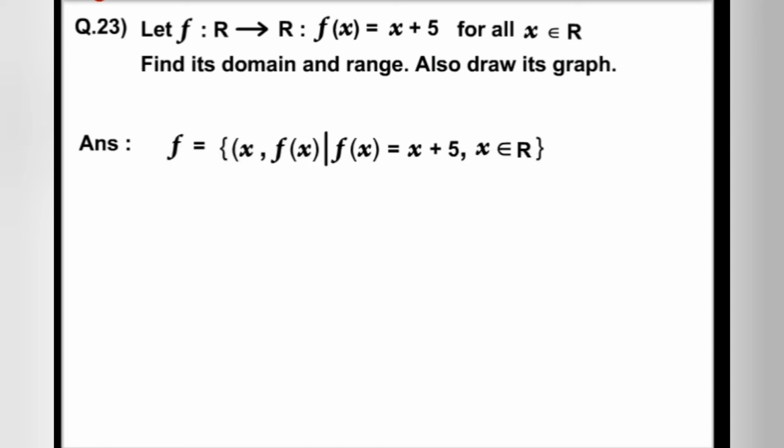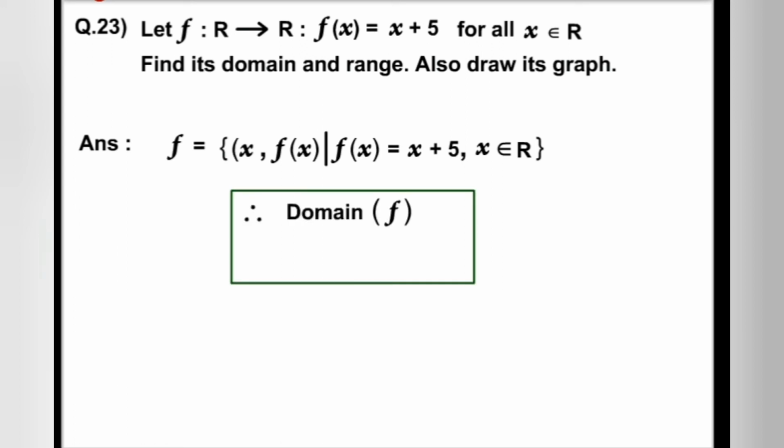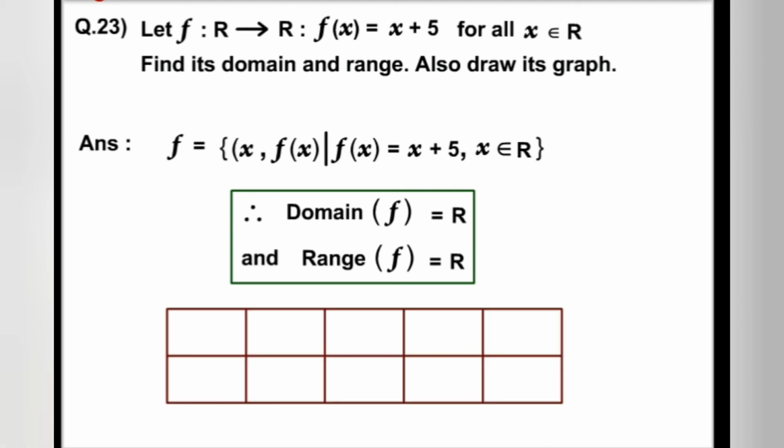f is a set of (x, f of x), where f of x is equal to x plus 5 and x belongs to R. Therefore, domain of f is equal to R and range of f is equal to R. Now, to plot the graph, let us make a table mentioning the points x and f of x.